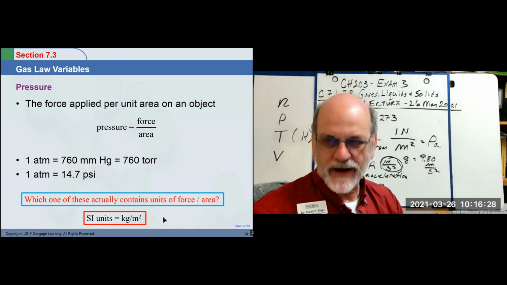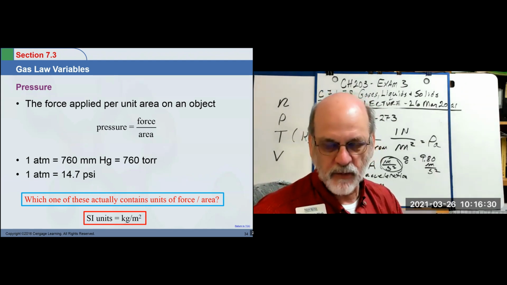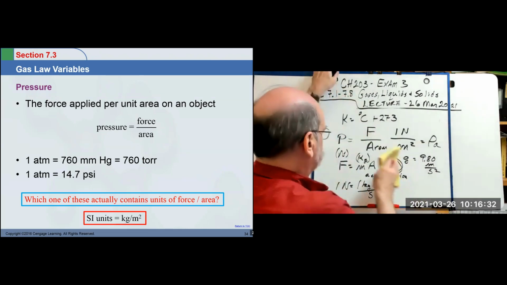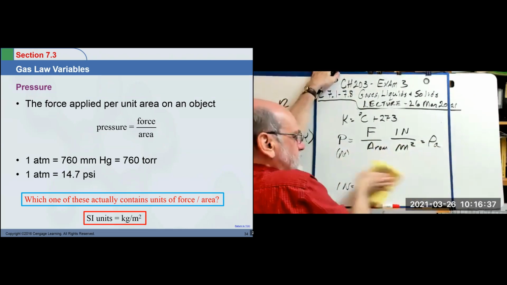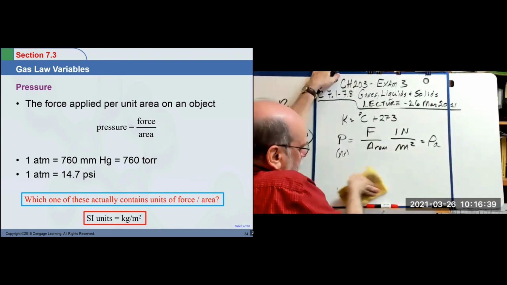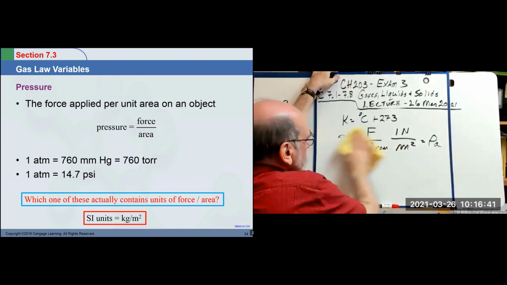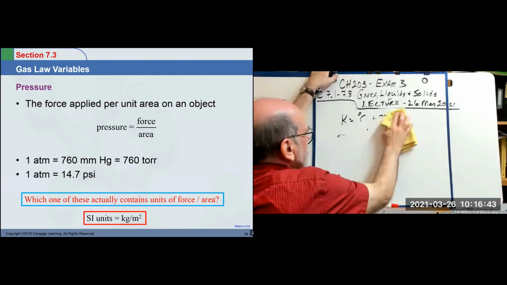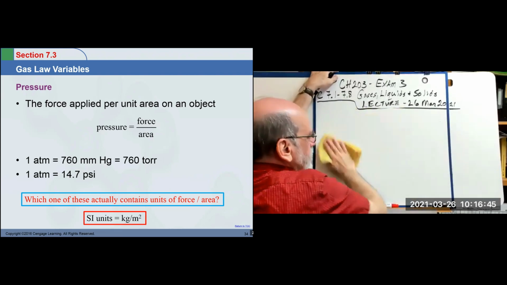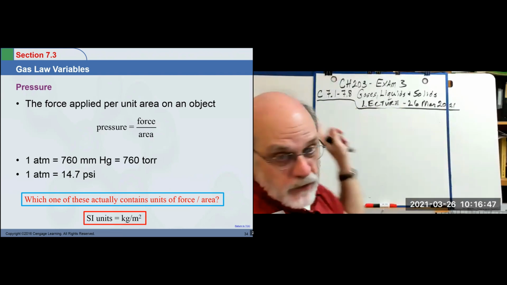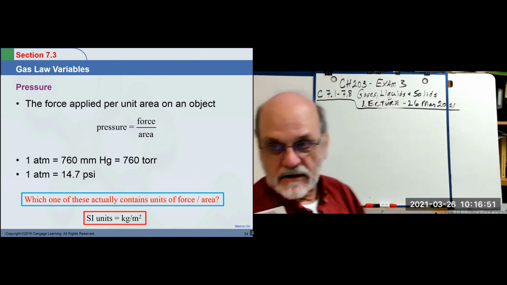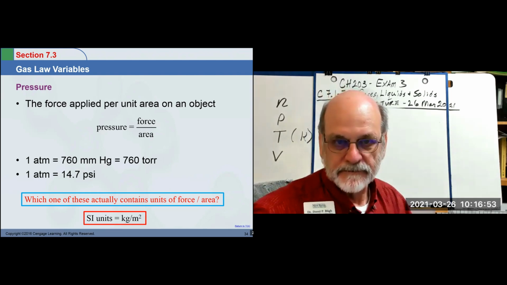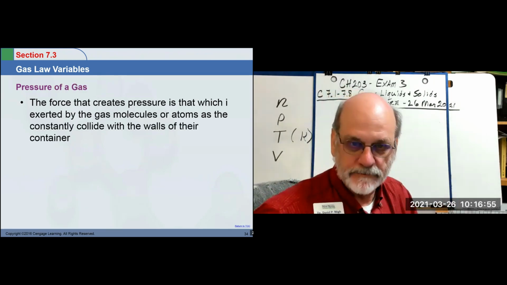It's just, I want you to recognize that it's not really an expression of pressure in the strictest definition. Okay. So let me erase this. I'll probably have to write it again later, but I'll leave those up there because these are the descriptors for gases. We're talking about pressure right now.